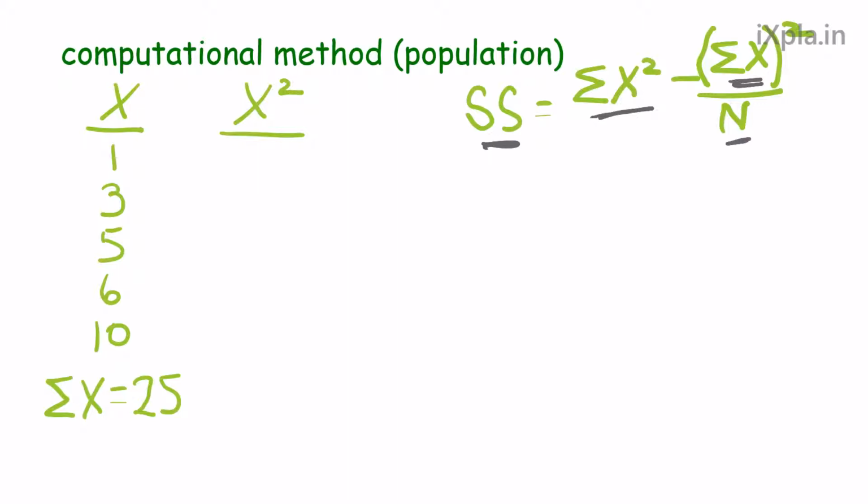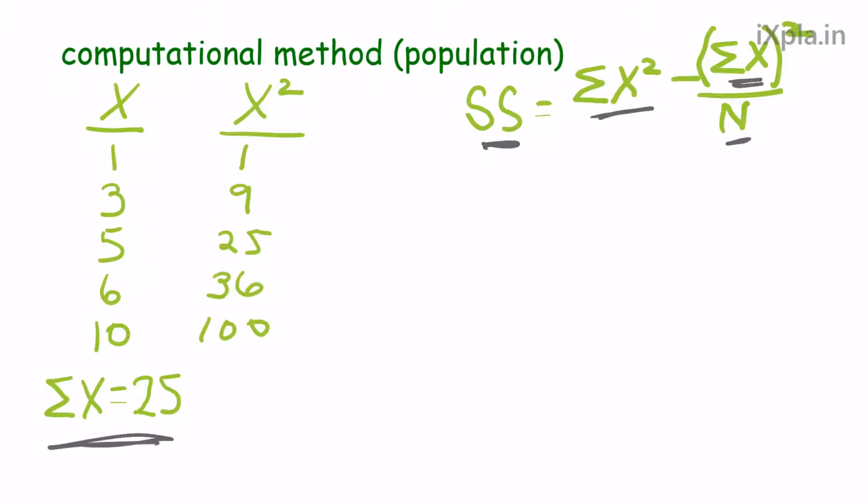Next, here's a mistake that people commonly make. They think that in order to get the sum of x squared, they want to square this 25. Don't do that. That is a common error. First, you have to square each of the x's.